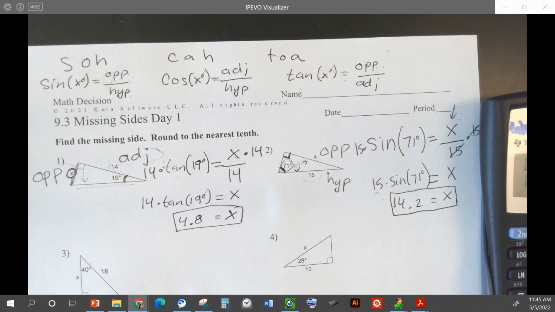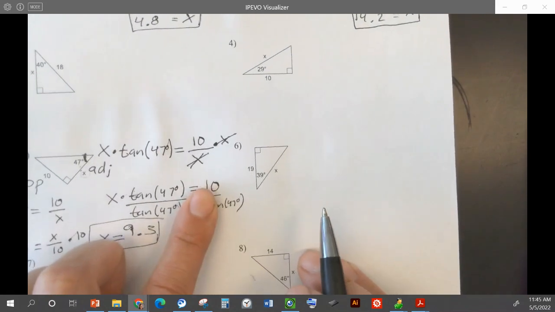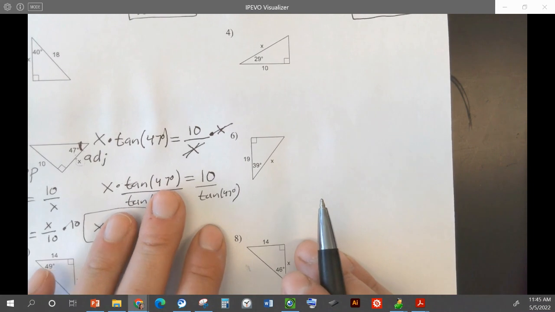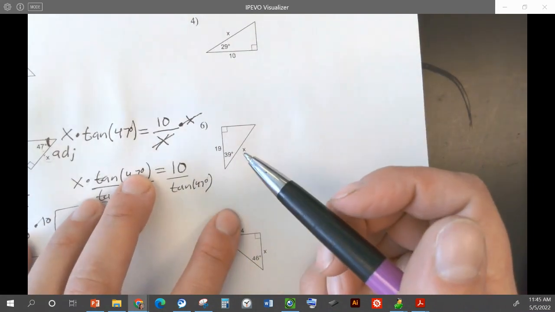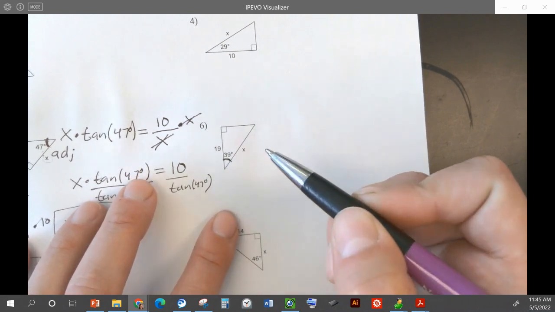Okay, let's try 6. Let's do 6. Are you okay with 6? Okay. So go ahead, we have this angle, 39. Go ahead and label the other sides.